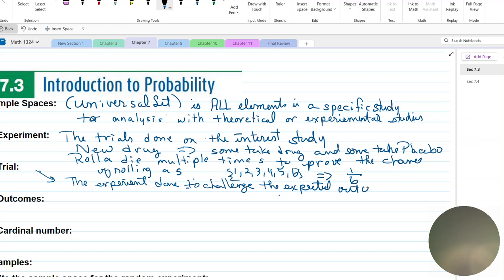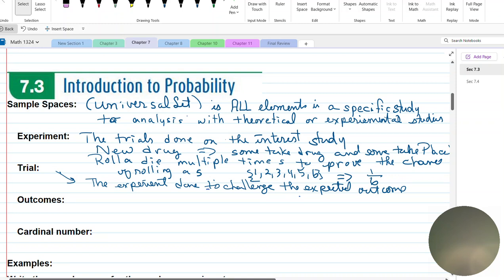So these are done to prove or disprove that something is happening to whatever. Climate change is the big one, and so that has been on our radar for quite a while. Okay, outcomes.